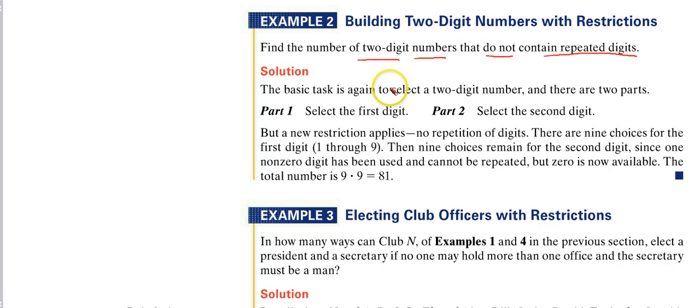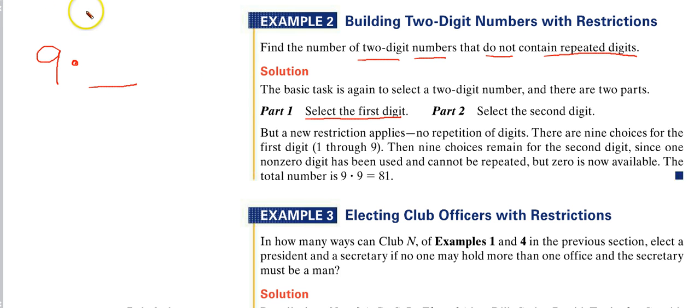So here the task is you select a first digit. Now, can you use a 0 of the 10 digits or the 10 symbols that we had there? And the answer is no. So how many do you have to select in the beginning? 9. Now, how many are available for the second digit? Well, you can't repeat the one you just used.